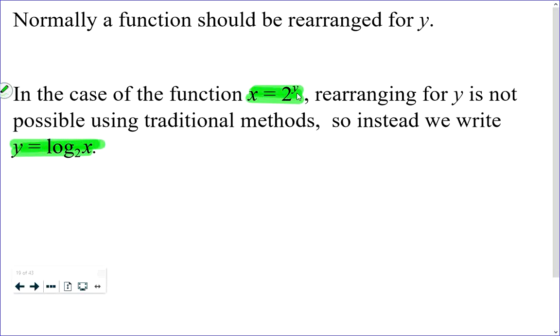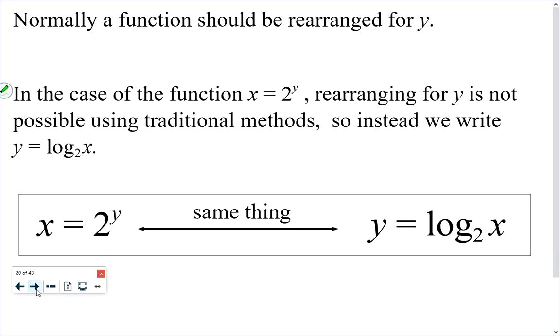That thing is pronounced y equals log base 2 of x. It would be kind of the analog to plus or minus the square root of x. Or it can be pronounced y equals the base 2 logarithm of x. So these two things are the same.